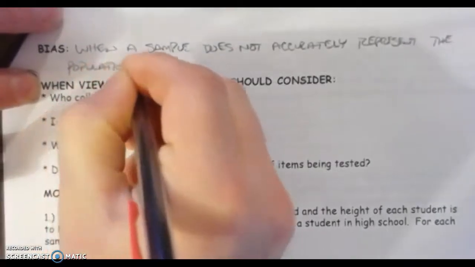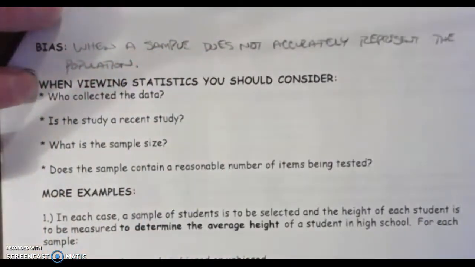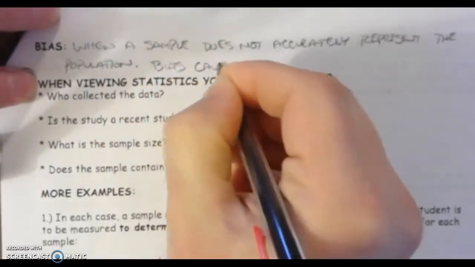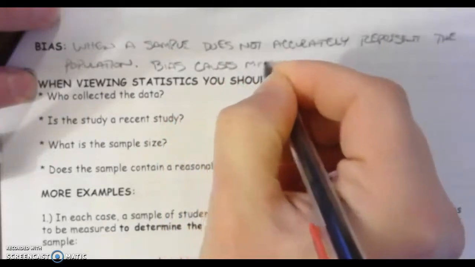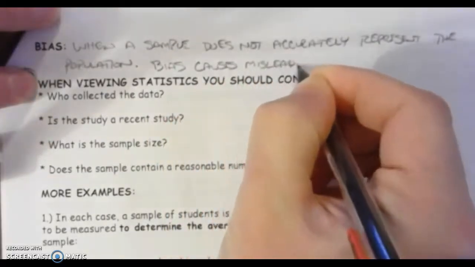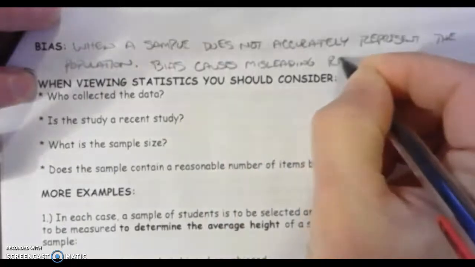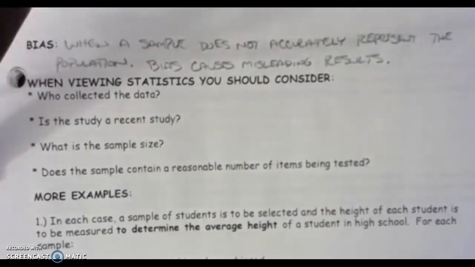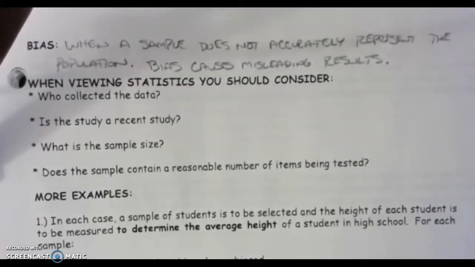Bias causes misleading results. And so if you're taking a survey, you want to avoid bias because you don't want the results of your survey to be misleading.